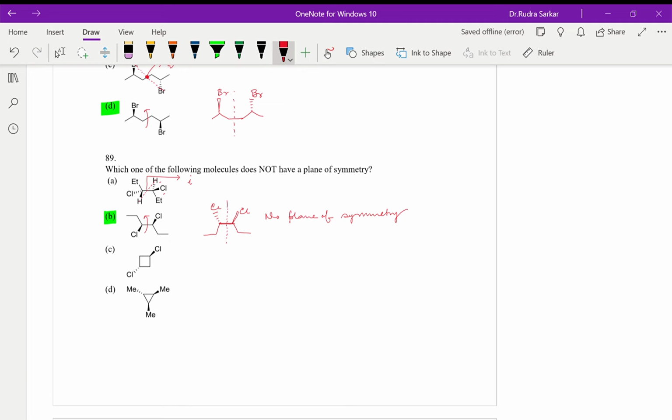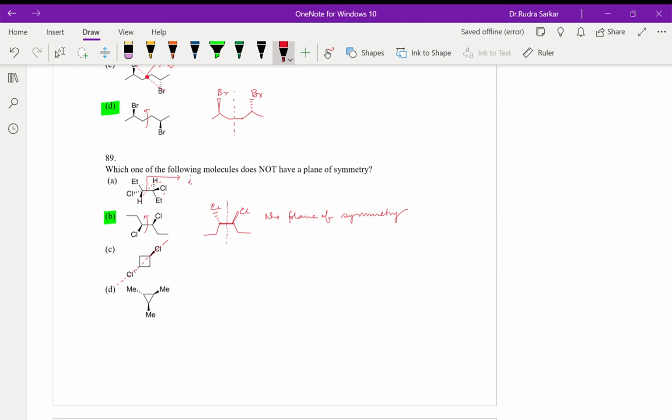Again, the molecule C, you can place a plane of symmetry right through these atoms. The atoms are spherical in nature, so this side is equal to that side.